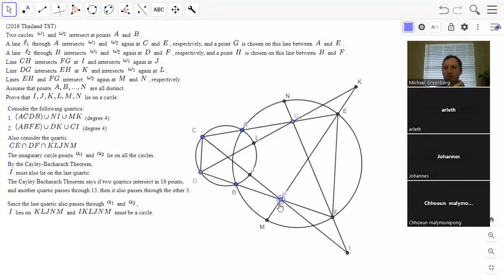So we could fix G and move H. This line stays fixed, line BG.